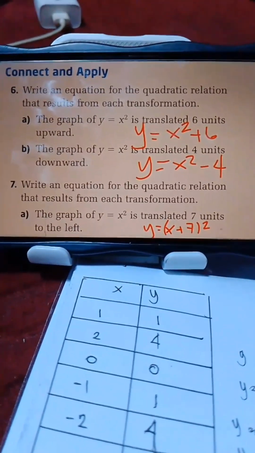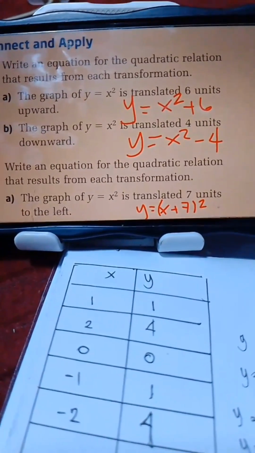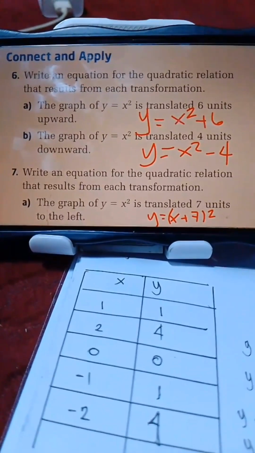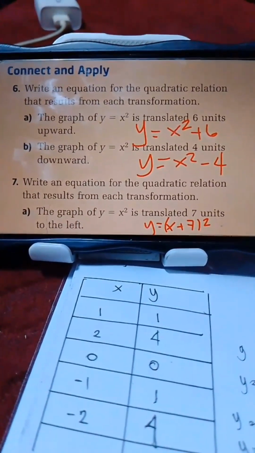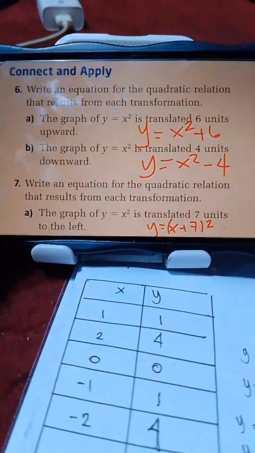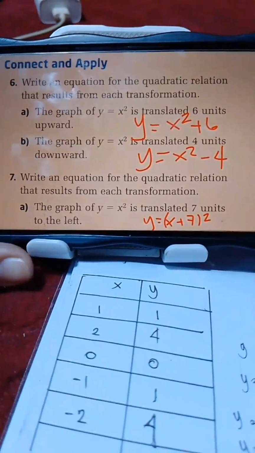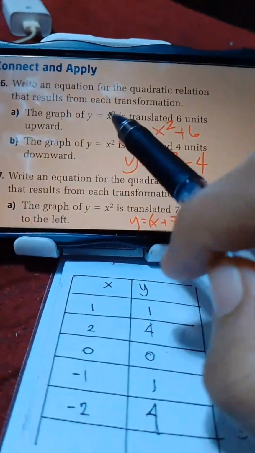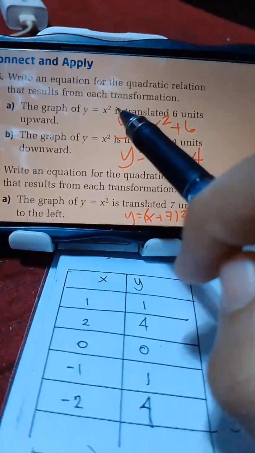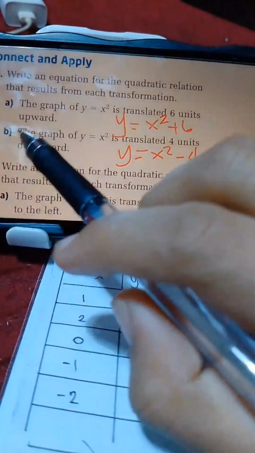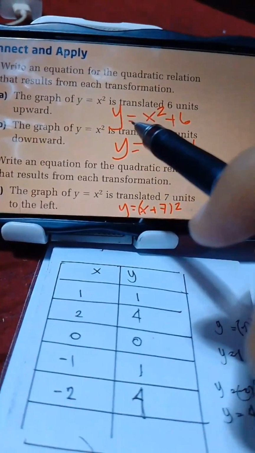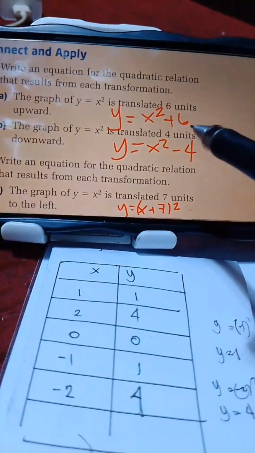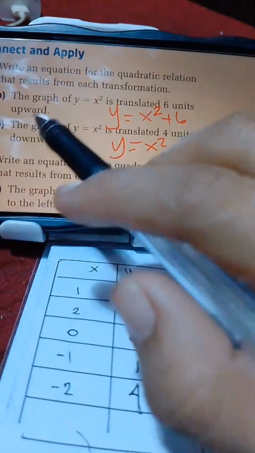If you're asked to write an equation for the quadratic relation that results from each transformation, say the graph of y equals x squared is translated 6 units upward, we have y equals x squared plus 6 because it's upward.